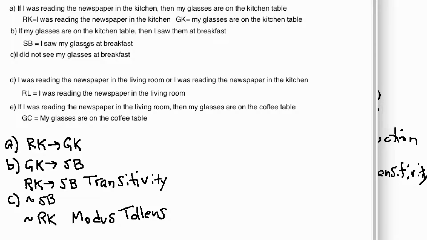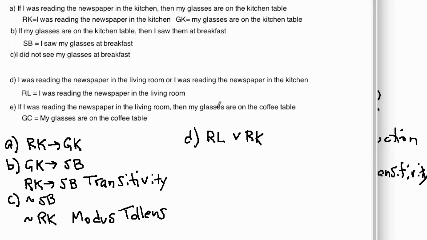Okay. I was reading the newspaper in the living room, or I was reading the newspaper in the kitchen. So I come over here and statement D is telling us I was either reading in the living room, RL, or RK.